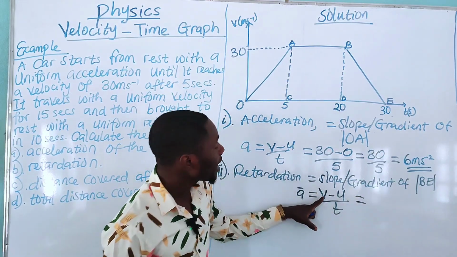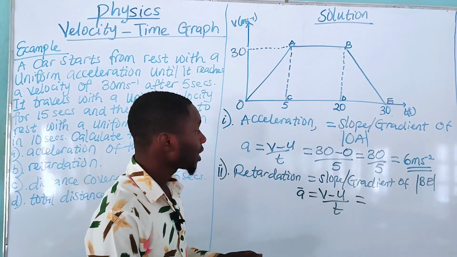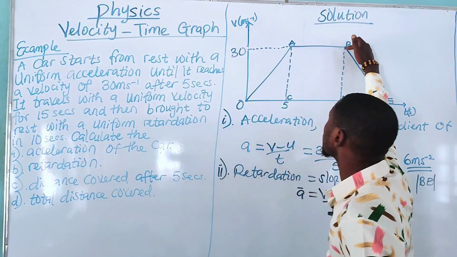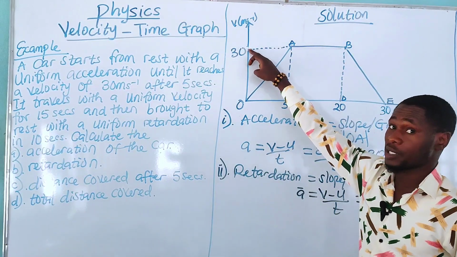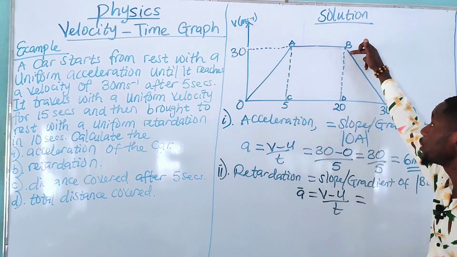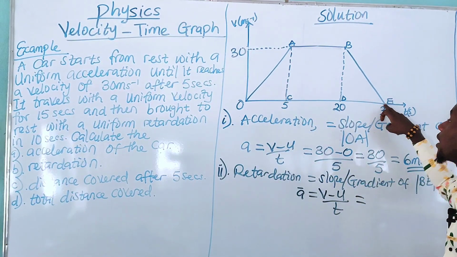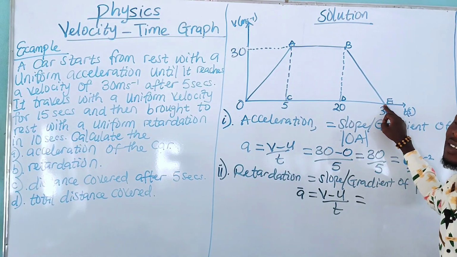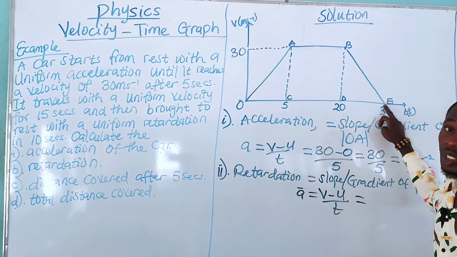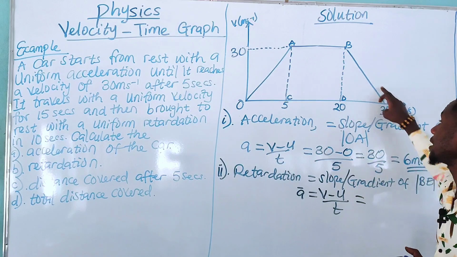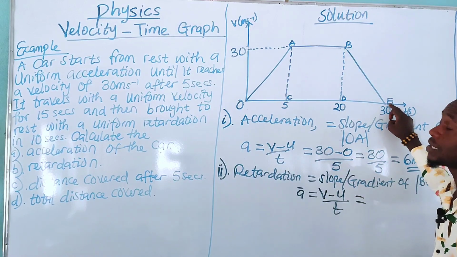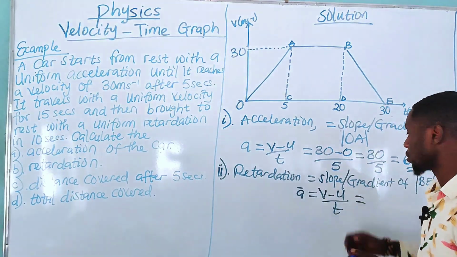So, our final velocity in this case, now remember the body starts moving with an initial velocity of 30 meters per second. And then it keeps reducing until it finally comes to what? To rest, where the velocity there is what? It is 0. So it means that the final velocity along this line BE is 0, because the body comes to rest.